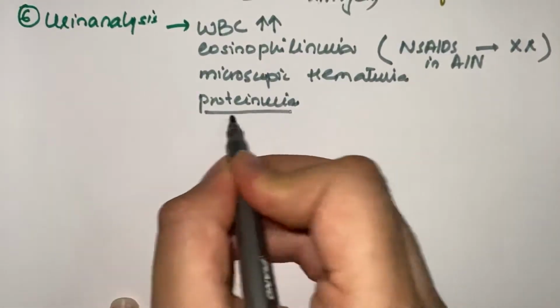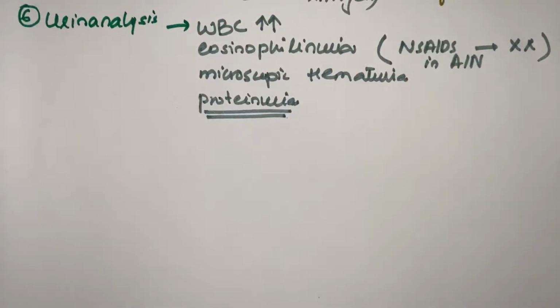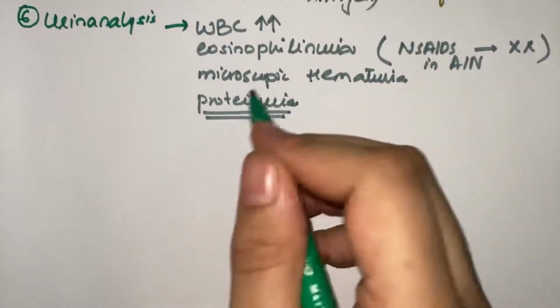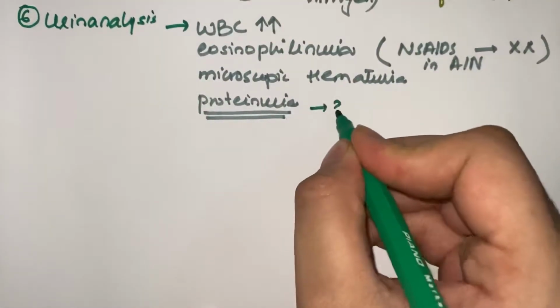Now I'll just discuss a bit of this concept of proteinuria, why proteinuria occurs. So basically, first of all, this proteinuria occurs because some cytokines are released by the inflammatory cells within the interstitium, and these cytokines are basically permeability increasing factors.